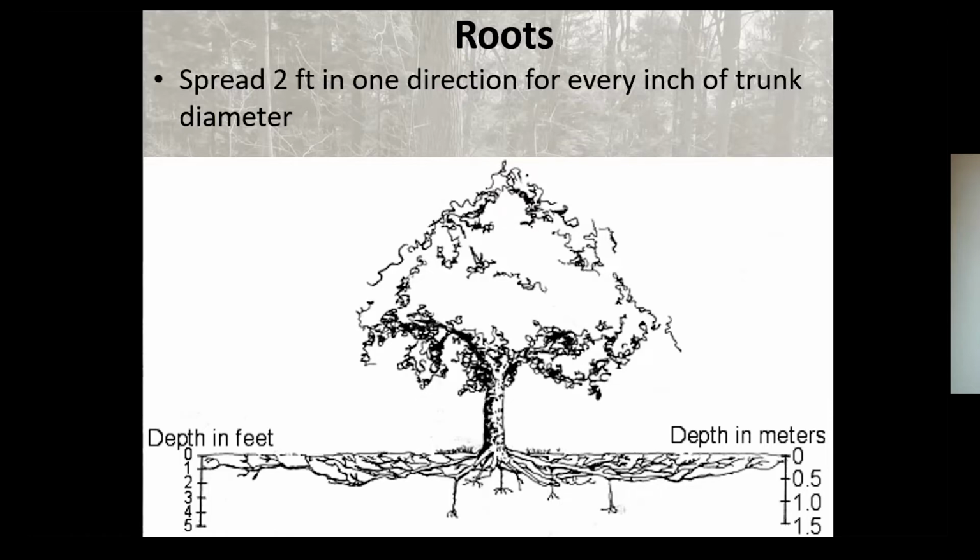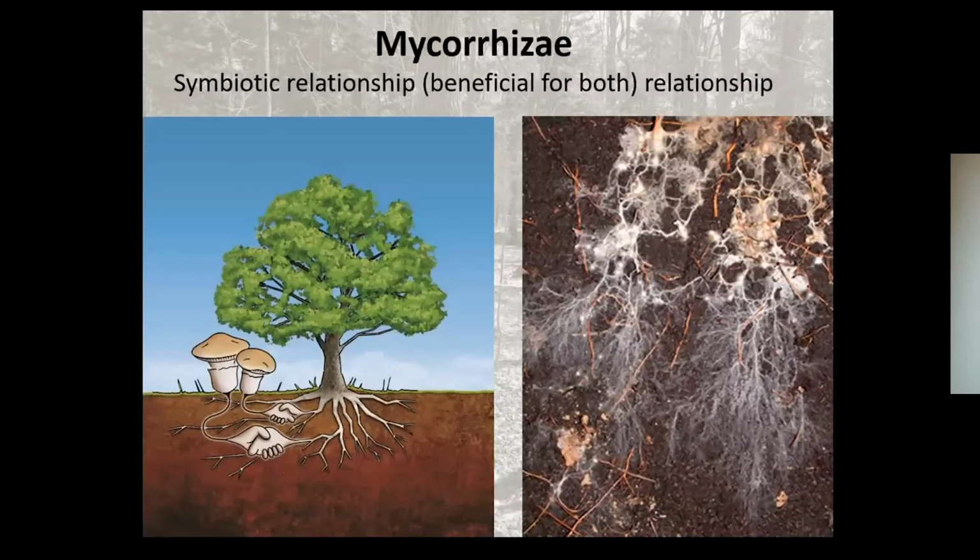An old analogy some people like to say is that if you look at the width of the canopy, out to the drip line, that's how far the roots grow. But a lot of times it's probably twice that amount. So keep that in mind. Those roots are spreading all throughout the forest, intermixing with each other. So protect your roots.